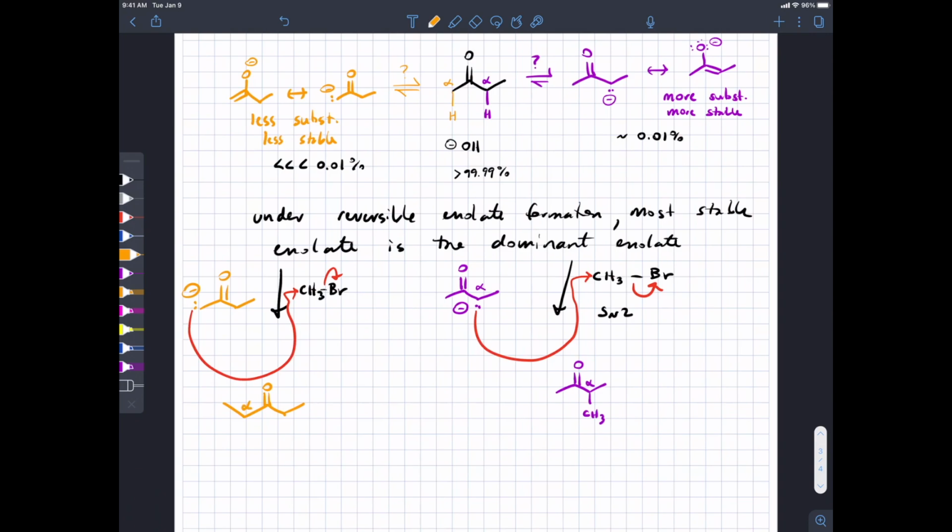So there's an issue of regioselectivity here. But let me back up. Why did we do this in the first place? It turns out that even the very small amount of enolate that forms is enough to start the reaction with this alkyl halide. And then as the reaction progresses, as more enolate reacts with alkyl halide and goes to product, then more starting material will go to enolate.